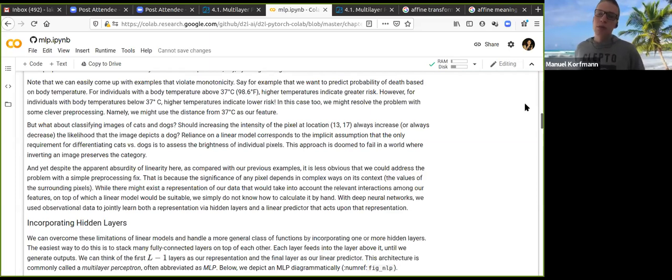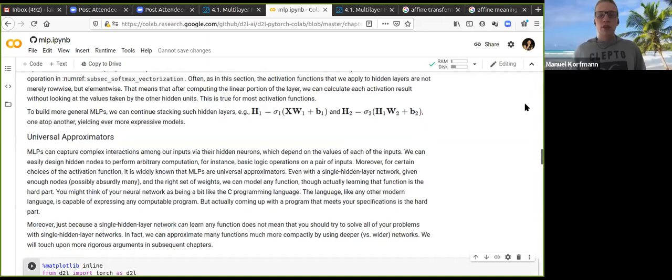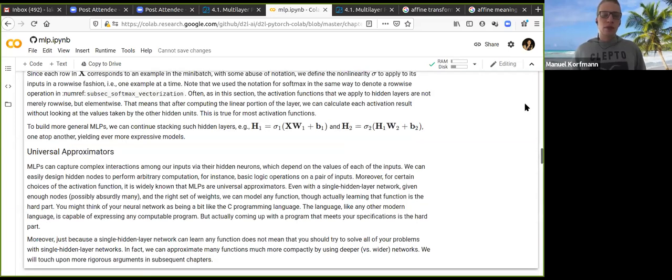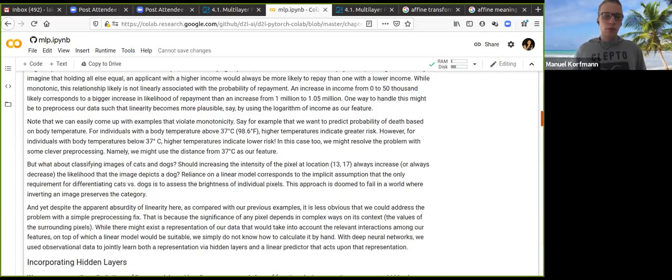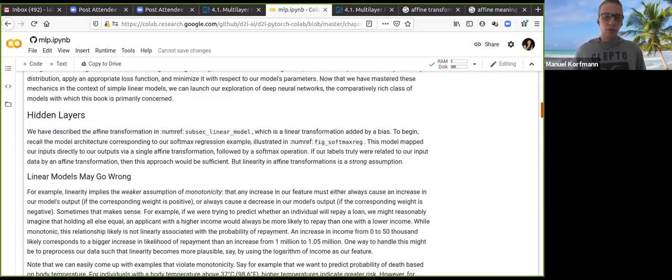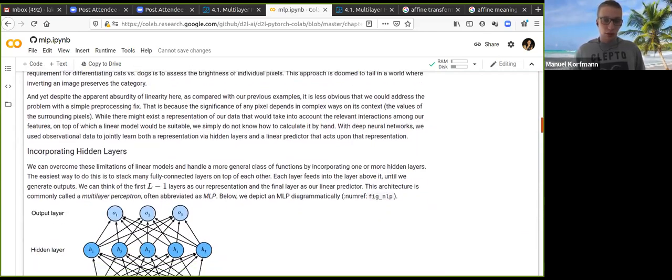Maybe in the next paragraph it will be clearer. They don't explain it explicitly, it's a bit vague. We should go on, maybe they explain it in more detail.